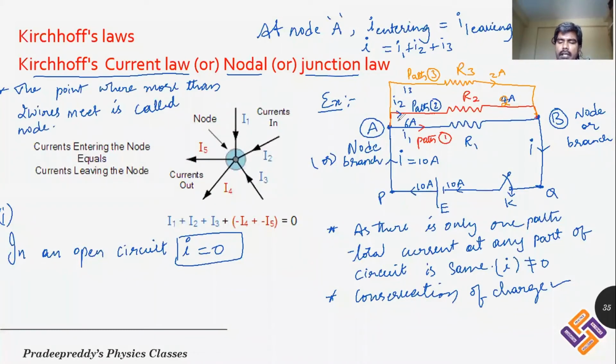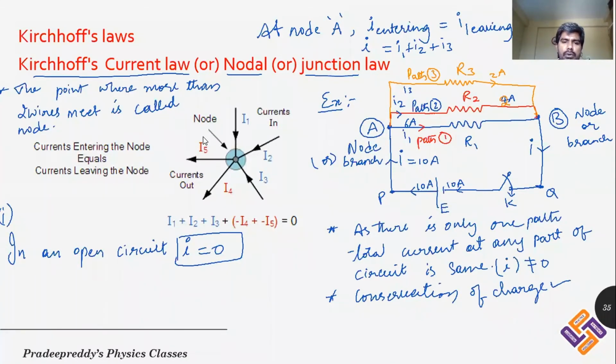Generally, in a large circuit, as many parts may be there, the point where more than 2 wires are meeting is said to be a nodal point. And whenever there is a nodal point, definitely current division takes place, in such a way that current entering the node is equal to current leaving from that particular node. This is called current law.